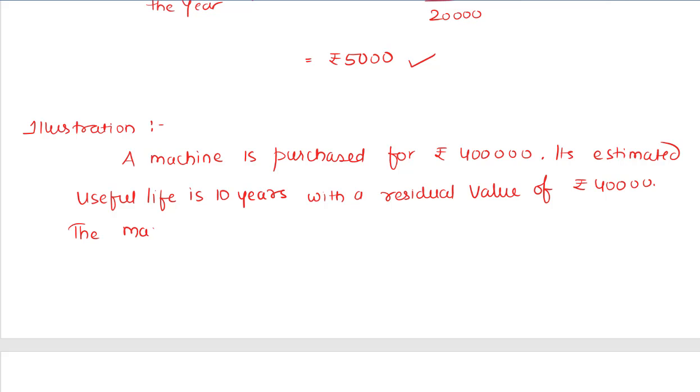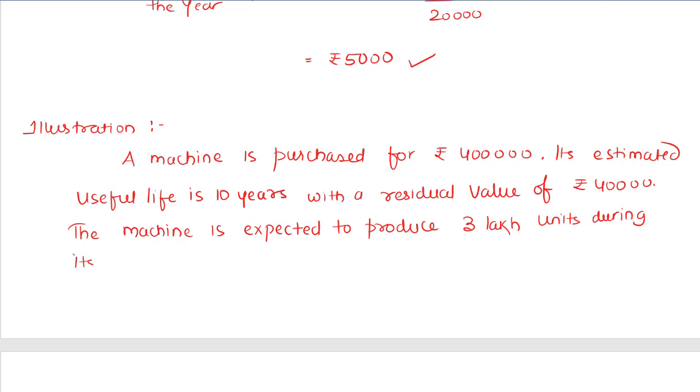The machine is expected to produce 3 lakh units during its lifetime.